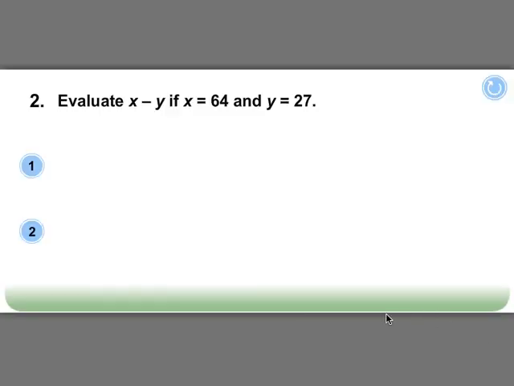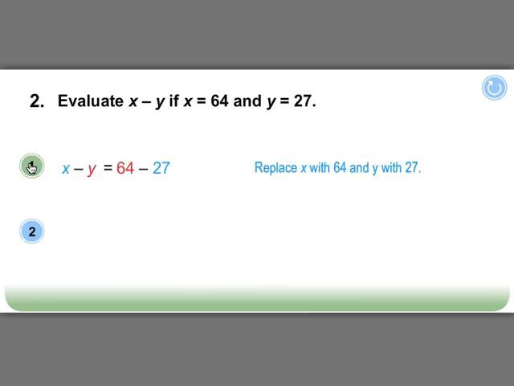Okay, now we're going to evaluate x minus y if x equals 64 and y equals 27. Okay, just remember x needed a break for a minute, or 64 needed a break for a minute, so x came and stood in its place. And 27 needed a break for a minute, and y came and stood in its place. Does that make sense?